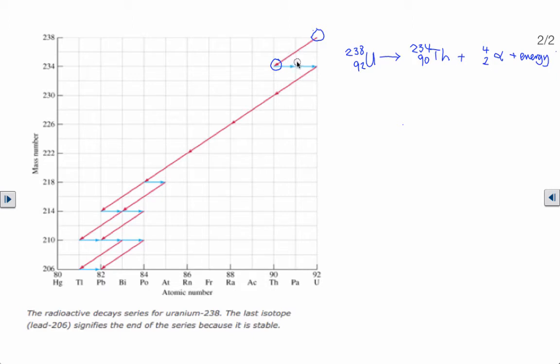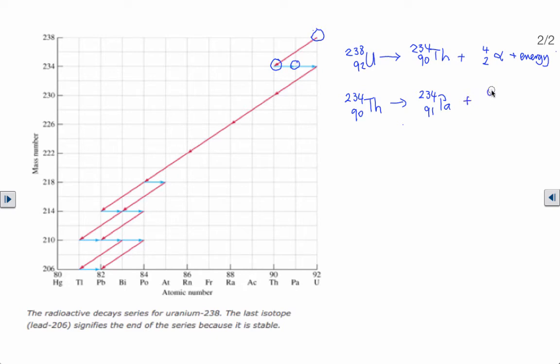The next step brings us across to here, which is protactinium. So we start with thorium, and we end up with protactinium 234. And you'll notice there's no change in the mass number.